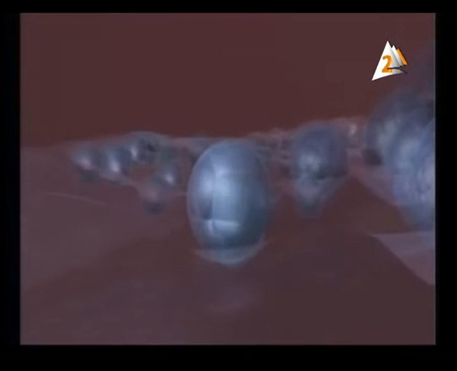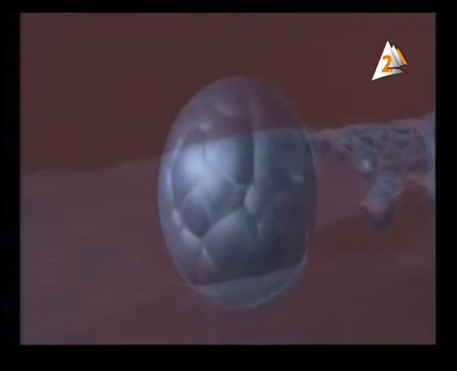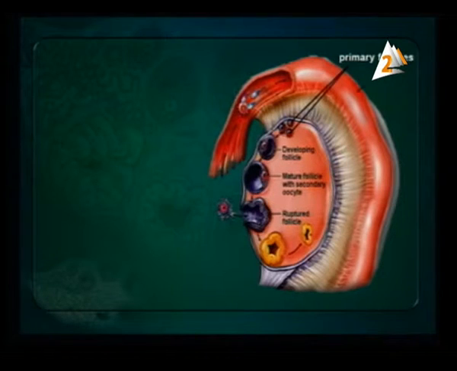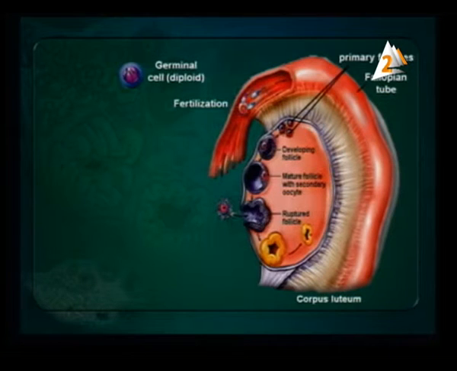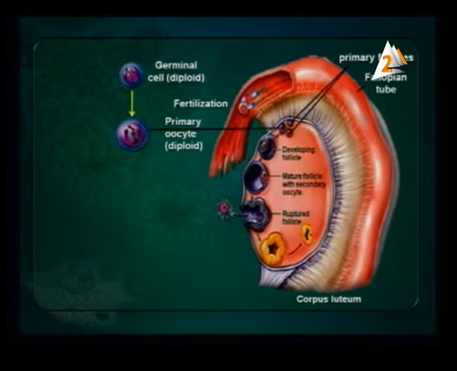It begins with the multiplication phase. In this phase, a mitotic division takes place in the primary germ cells, which contain 2N chromosomes, or are diploid, forming the oogonia, which are also diploid.